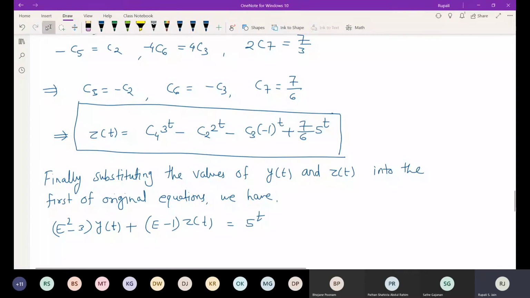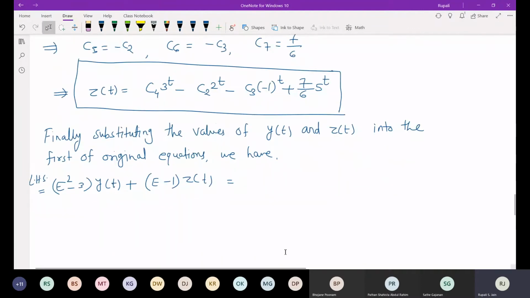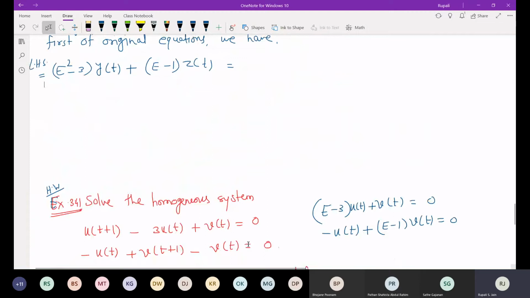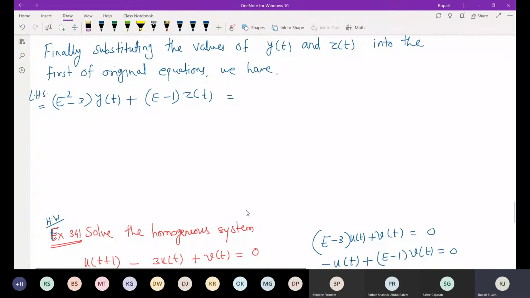So first let me simplify this. LHS we will write, then I will write 5 raised to t at the end. Now you can simplify this. Substitute YT, substitute ZT, operate E square minus 3 on YT and E minus 1 on ZT.